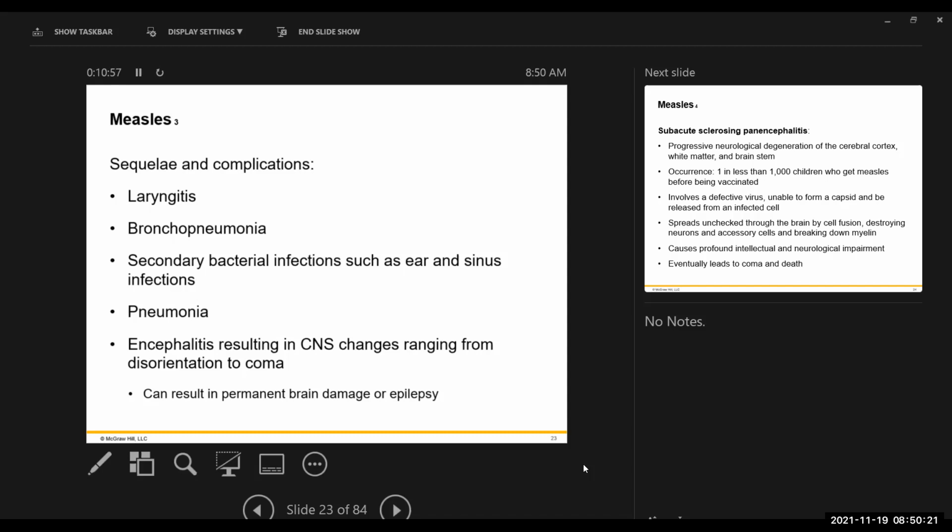Now, if you get the vaccine, you won't have any of these complications, will you? Oh, and by the way, just as an aside, the vaccine is not linked to autism, despite what anyone tells you.